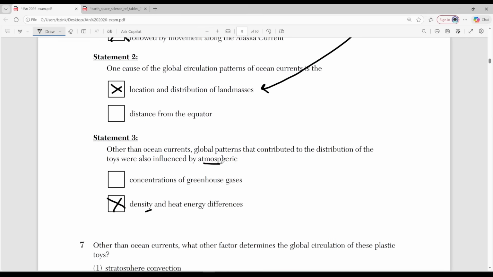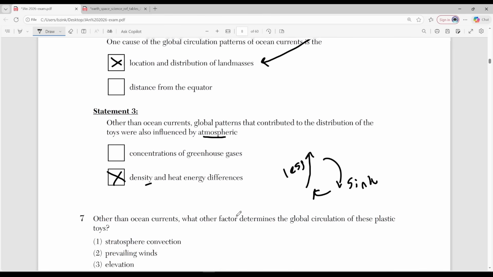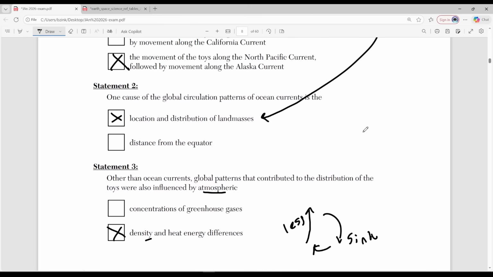Density, because anything to do with the atmosphere, the air is going to rise because it's less dense, and then sink because it's more dense, and that makes these convection cells, and that drives atmospheric circulation. Anything to do with circulation is going to be density. See, that was my hint there. So I would say that one, honestly, pretty easy. I would say that's another 4 out of 10.